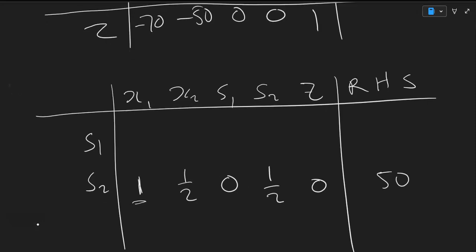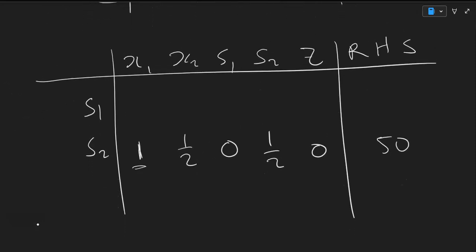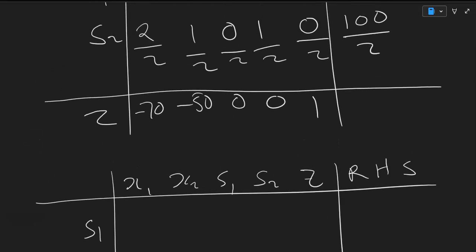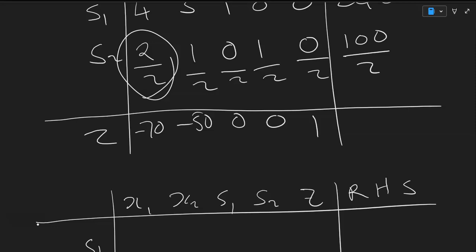Now, here's another key thing that you need to know. After dividing, the idea is that this particular key here should be equal to 1.